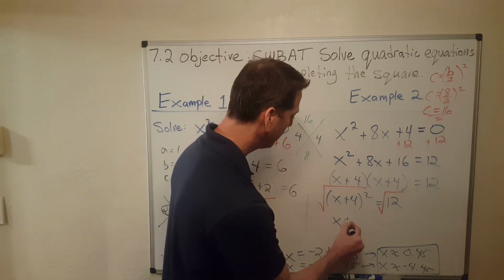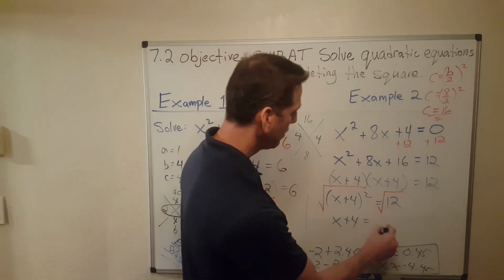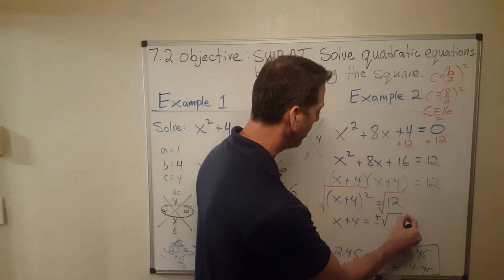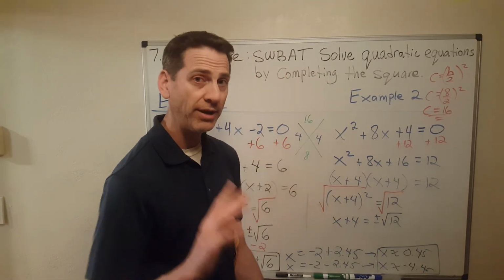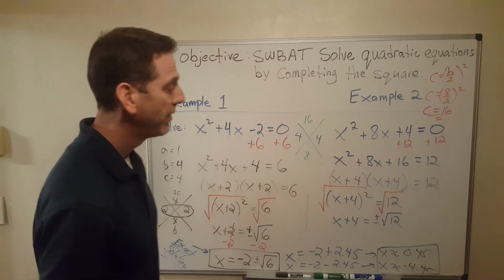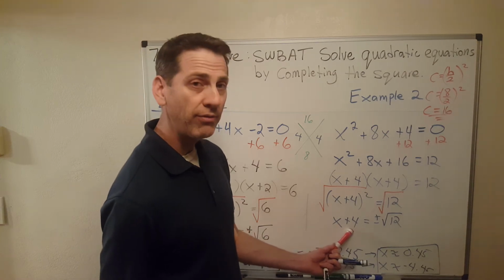All right, so I get x plus 4 equals plus or minus the square root of 12. All right, remember there's always that plus or minus. You have two solutions. Okay, so now I've got to get rid of that 4.